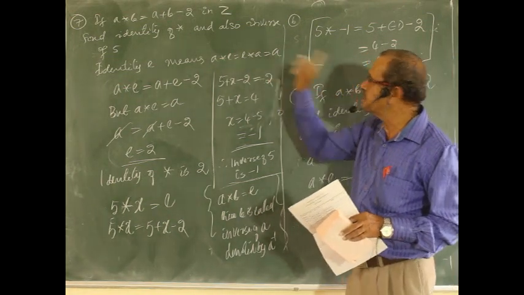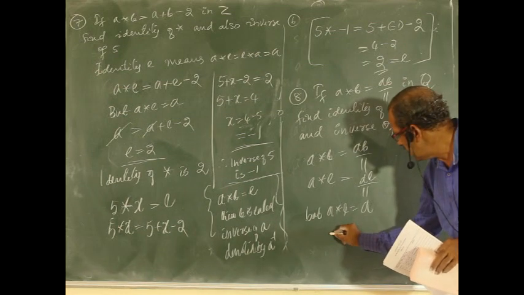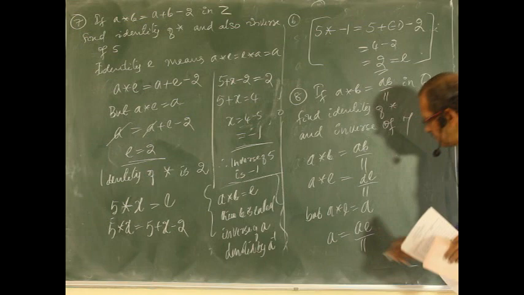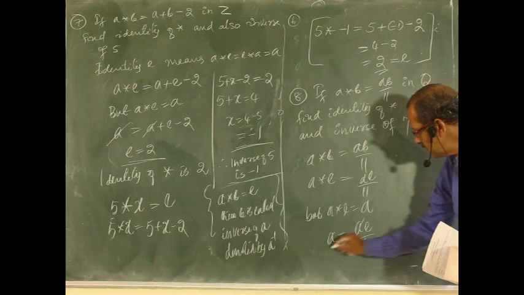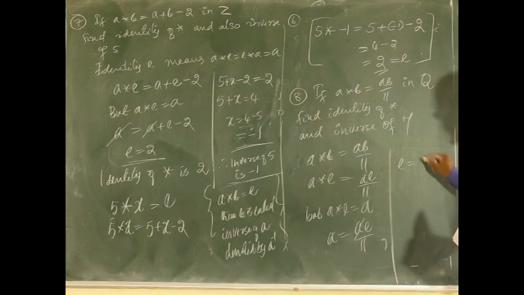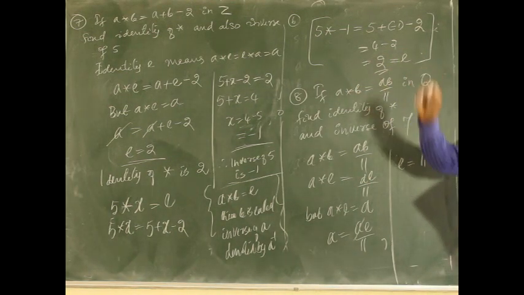Compare these two: A equal to AE by 11, or identity element is 11. 11 is the identity element under this binary operation.